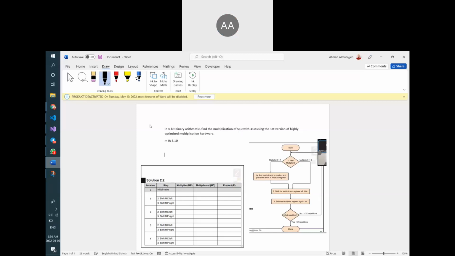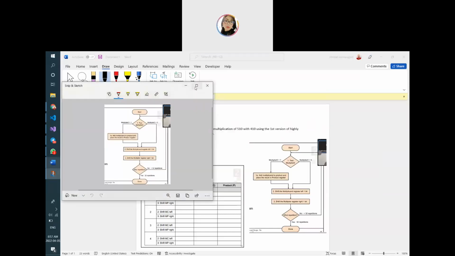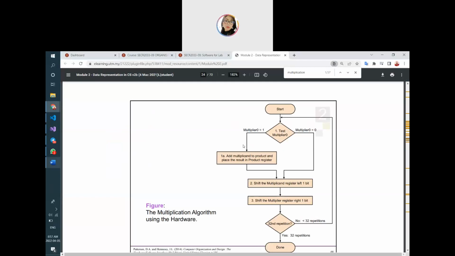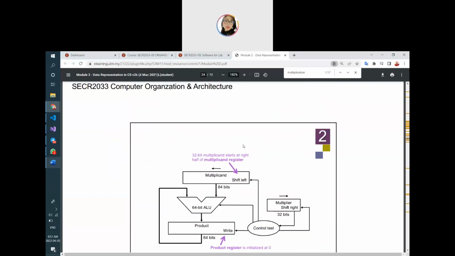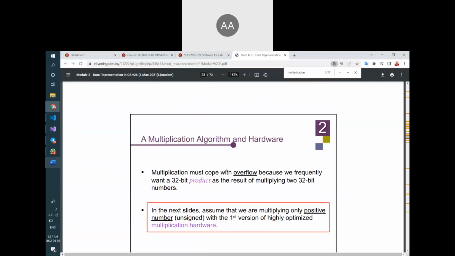Where do you put the value? Supposedly, where is the first value, the initial value? Maybe you need to refer to the notes related to which one is MC, which one is MP, and which one is product. Do you mean the note in the slides here?